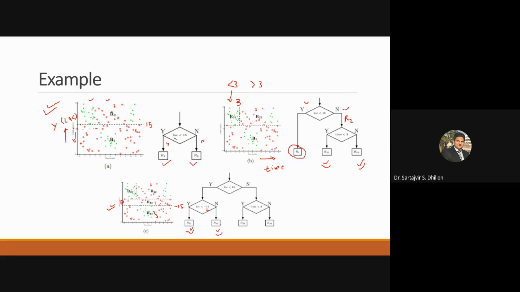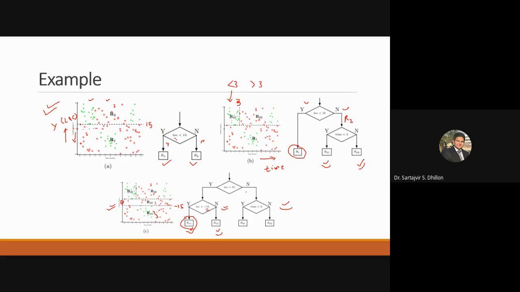So this is the concept. To perform further splits, you can split this region into further parts with your expressions, or we can say with the help of decision nodes.